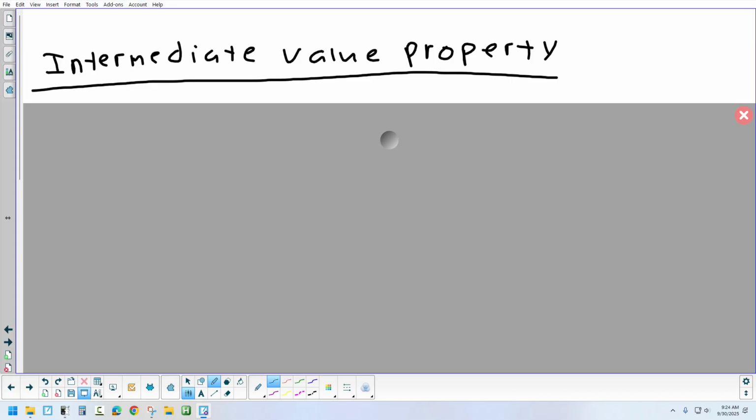Not that warm, but just 80-degree water. And I heat it up to boil. How many temperatures does it go through when it starts at 80 and it reaches 212, which is boiling? How many different temperatures would it go through? Yeah? Infinite.